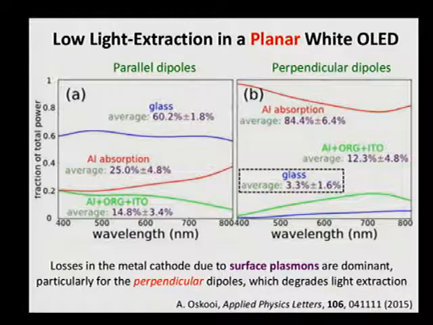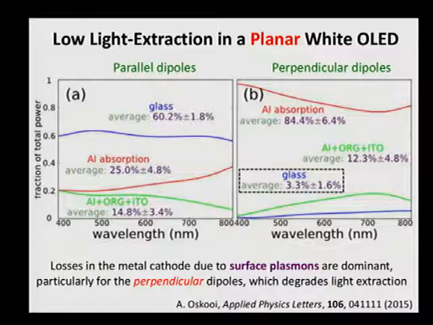The two figures here are a plot of the fraction of the total power in the OLED separated into its 3 components of glass, aluminum absorption, and organic ITO waveguide as a function of wavelength for white light emission spanning 400 nanometers to 800 nanometers. The average for each component over the entire wavelength interval is shown.